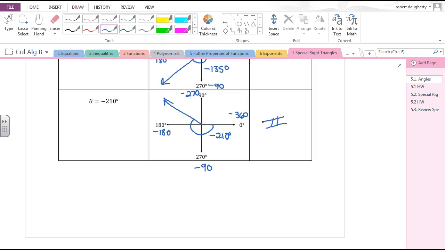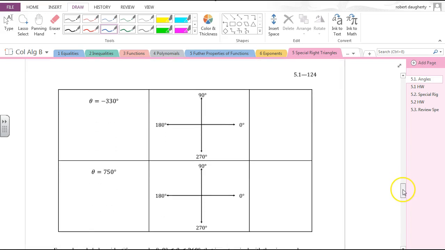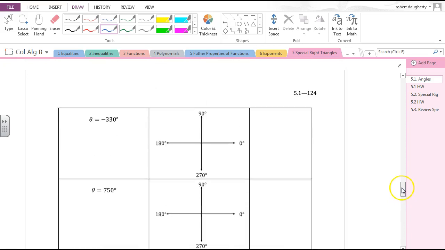One revolution is what? 360. And you'll get used to 0, 90, 180, 270, 360. And you can add 90 to that, 450. You can get used to counting by 90s as you go, or you can use your calculator to figure out what that is. Now, one important thing, I've got a couple more to draw.